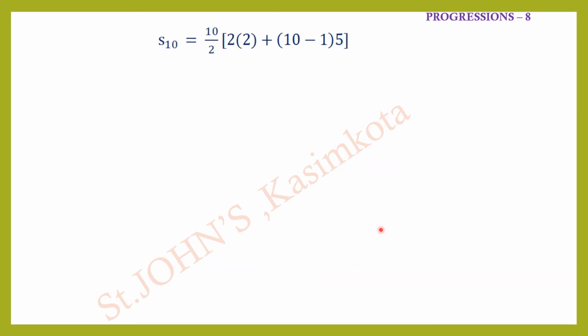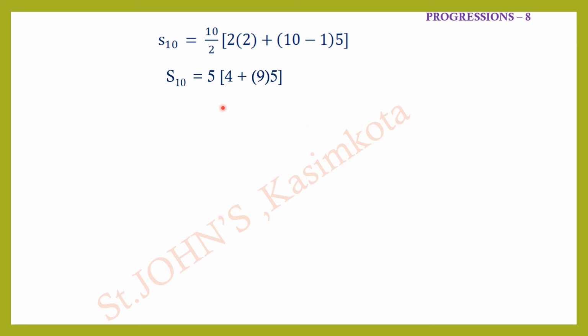Then S10 equals 10 by 2 into 2 into 2 plus 10 minus 1 into 5. 10 by 2 means we get 5, and 2 into 2 is 4, 10 minus 1 is 9, into 5.